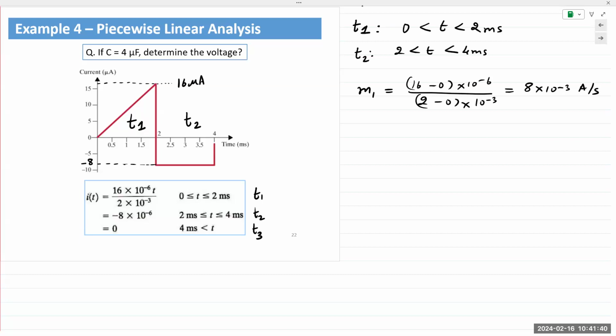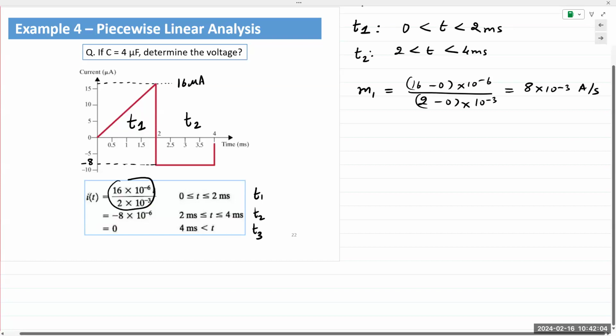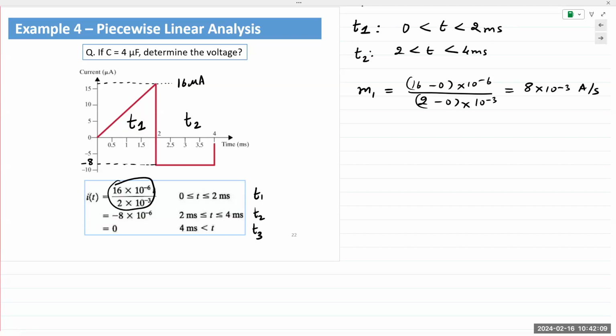Or I could do 8 milliamps per second, either way. 16 microamps for 2 milliseconds. So it's climbing 16 microamps for 2 milliseconds or 8 microamps for 1 millisecond.